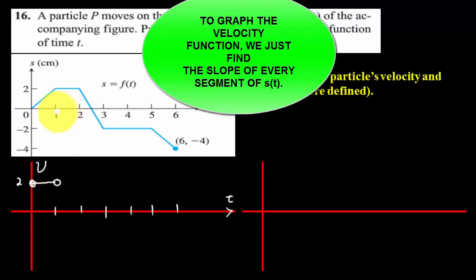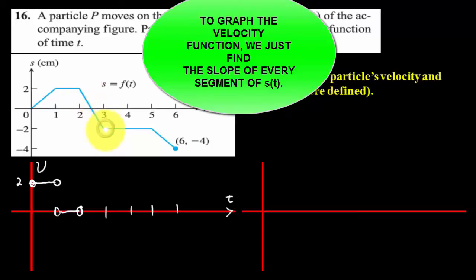And then what happens between 1 and 2? Between 1 and 2, we have a standstill. So what is the velocity? It's not moving, so the velocity is 0. And then between 2 and 3, there's a change of direction, moving to the left. So its velocity will have to be negative. What is the slope of this line?